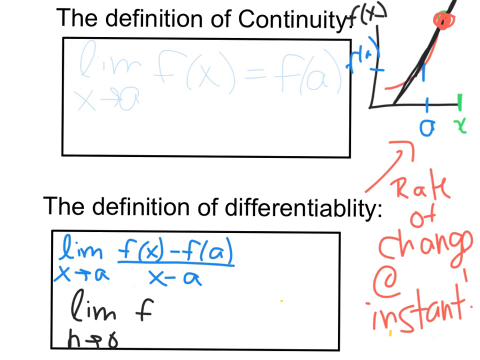So we'll be looking at the difference between our original input and some small distance we increased it. As x and a are getting closer and closer together, the distance between those two points can just be called h. So we can simplify the formula and use an h instead of x going closer to a. I'll be using both definitions of the limit today, so make sure you're fluent between the both.